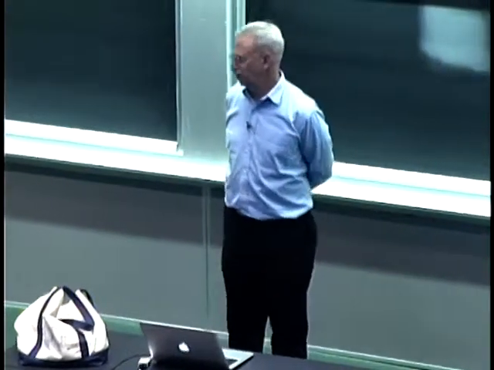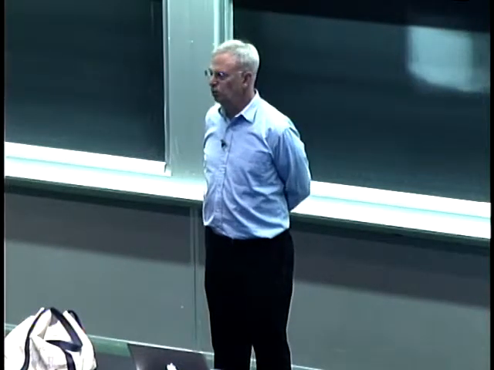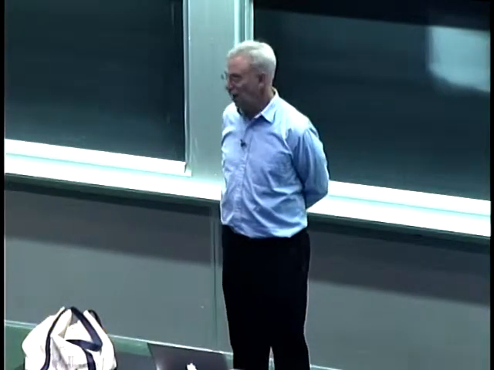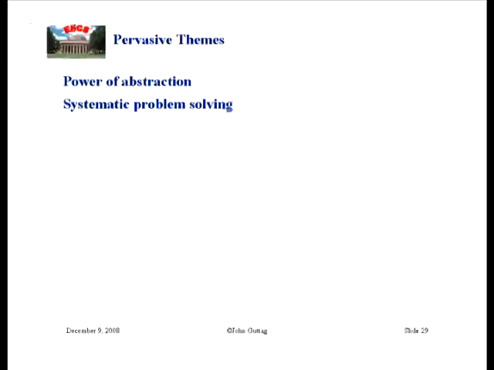It let us look at the issue of assessing the quality of an answer. We looked at things and said, do we believe that that answer is right or not? And building models of at least parts of the world. Some pervasive themes that we talked about: the power of abstraction, systematic problem solving. These will be useful even if you never again write a program in your whole life.